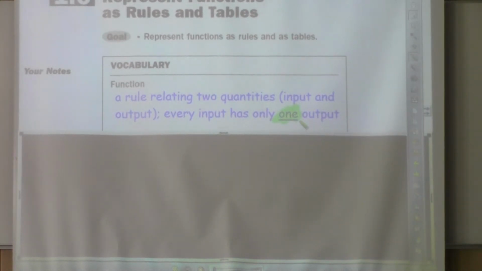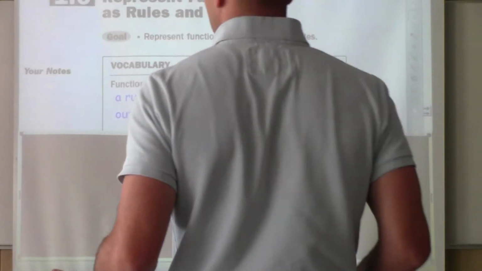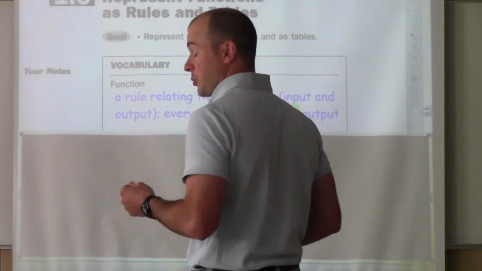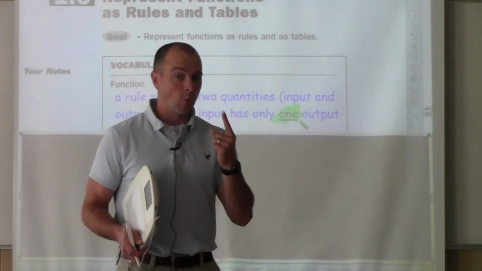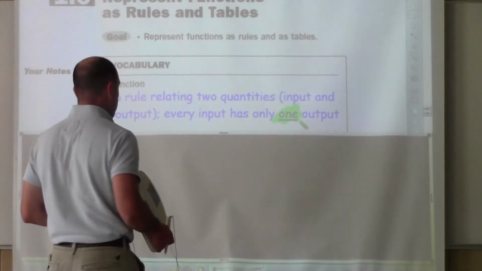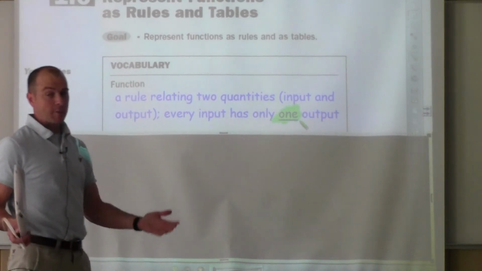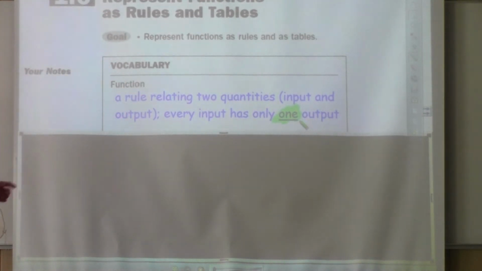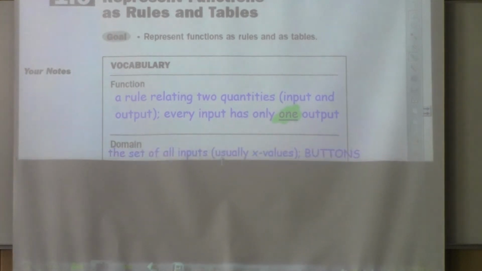We'll get to that in a little bit, but the gist of it is, if you press a button on a vending machine, how many pieces of candy should come out? Well, if the candy machine is working correctly, you should only get one piece of candy out when you press a button. If two pieces came out, that'd be great for you, extra candy, but if it's functioning properly, only one piece of candy will come out.